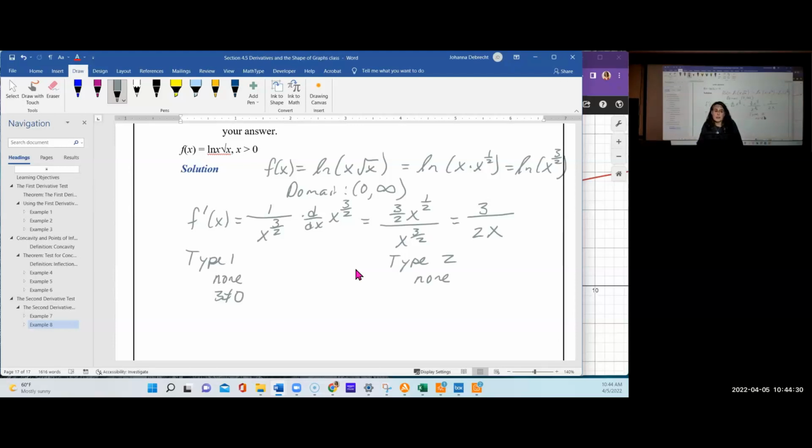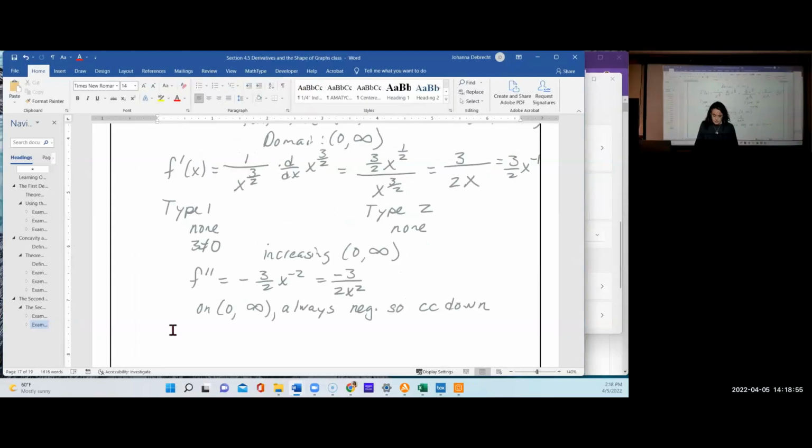All right. So we could look for concavity. Basically, this thing is going to be all one way or the other. Since our domain is 0 to infinity, it's basically always increasing. All right. If we plug in values, we would get that it's increasing on 0 to infinity.